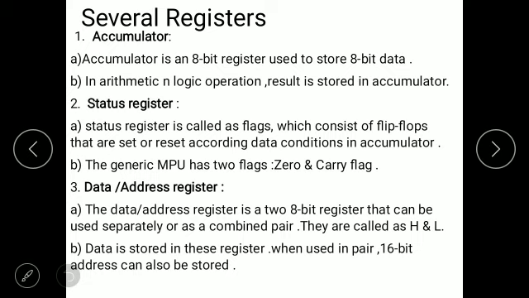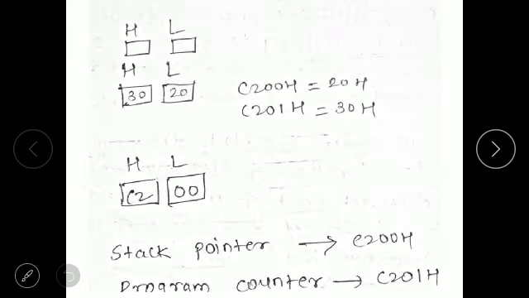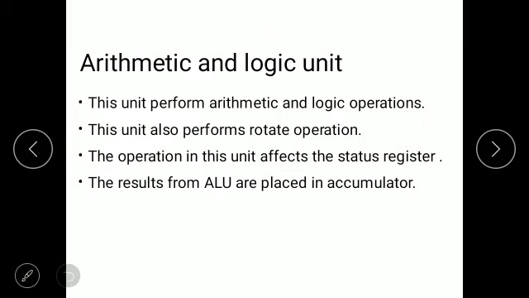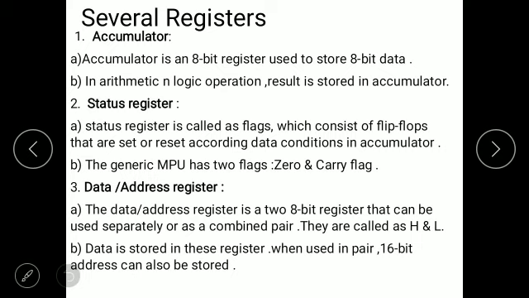of flag register. Our third topic is data address register. As the name says, data address register means this register stores data as well as address. If you see the block diagram, here is your data address register, H and L. The data address register is two 8-bit registers that can be used separately or as a combined pair.